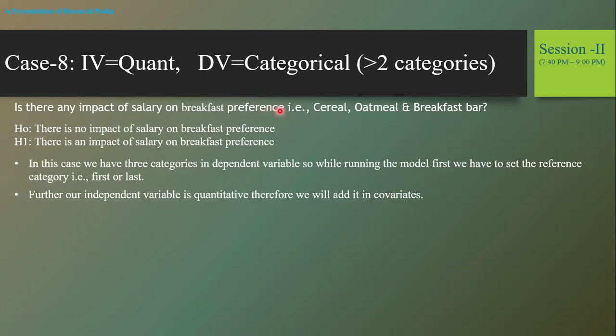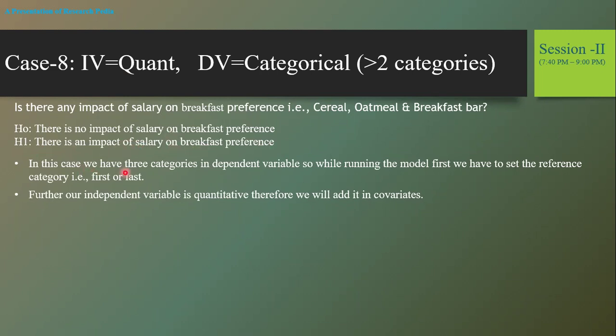So this is a categorical variable because you are having three different categories and you are having salary as a quantitative independent variable. So our null hypothesis is there is no impact of salary on breakfast preference, while our alternative hypothesis is there is an impact of salary on breakfast preference.